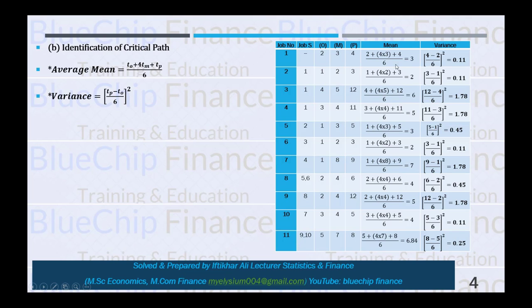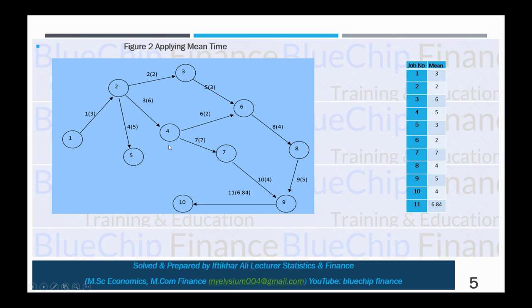So after the calculation of mean and variance, the next step is to apply the mean to the network diagram. As you are seeing here, it is the same diagram.